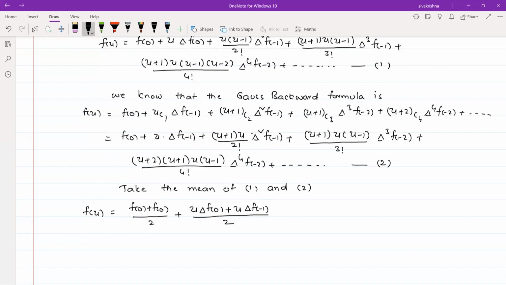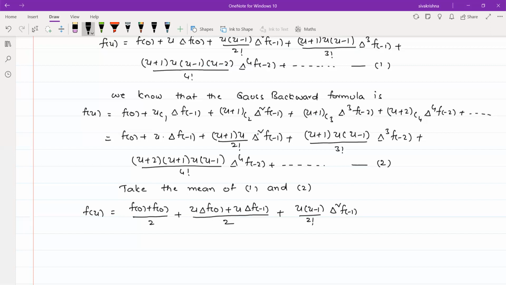After completing the second term, now come to the third term. In equation 1, the third term is u into u minus 1 by 2 factorial into delta square f of minus 1. I am writing that, u into u minus 1 by 2 factorial into delta square f of minus 1.